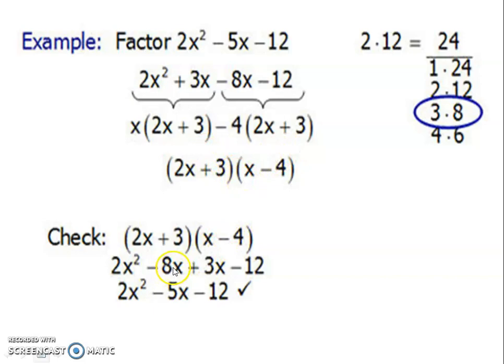We have to check that one: (2x + 3)(x − 4). First 2x into x, 2x². 2x into −4 is −8x. 3 into x is 3x. 3 into −4 is −12. We equate 2x² − 5x − 12. So our factors are right. This is the confirmation of the factorization rule.